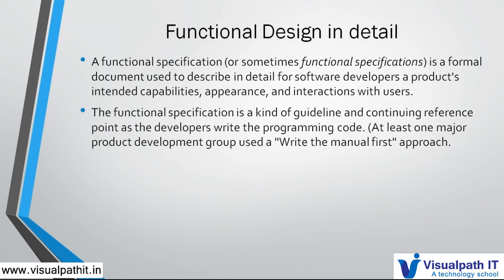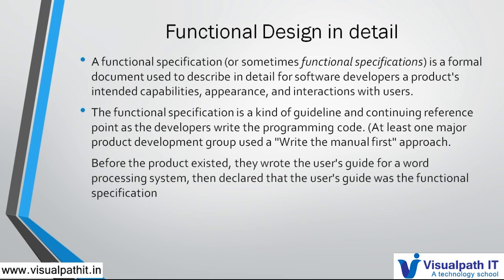At least one major product development group used a write-the-manual-first approach. Before the product existed, they wrote the user's guide for a word processing system, then declared that the user's guide was the functional specification.